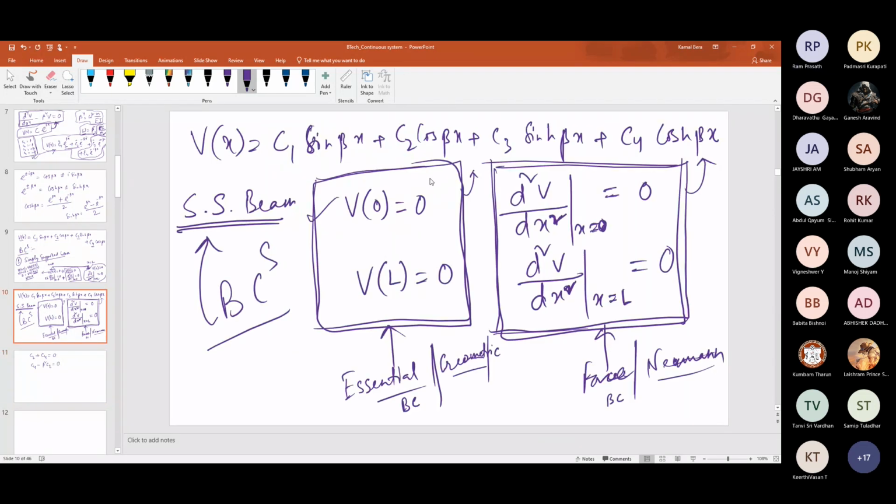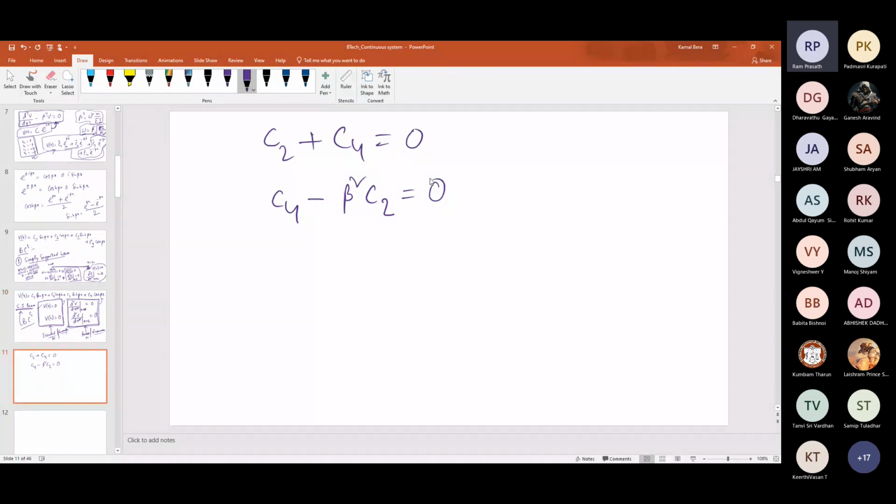I'm getting beta square C4 minus beta square C2. So that means beta square is removed because beta square cannot be 0, right? I can write minus C2 plus C4 equals 0. Is this what you are trying to say? Yes, sir. Two more equations.